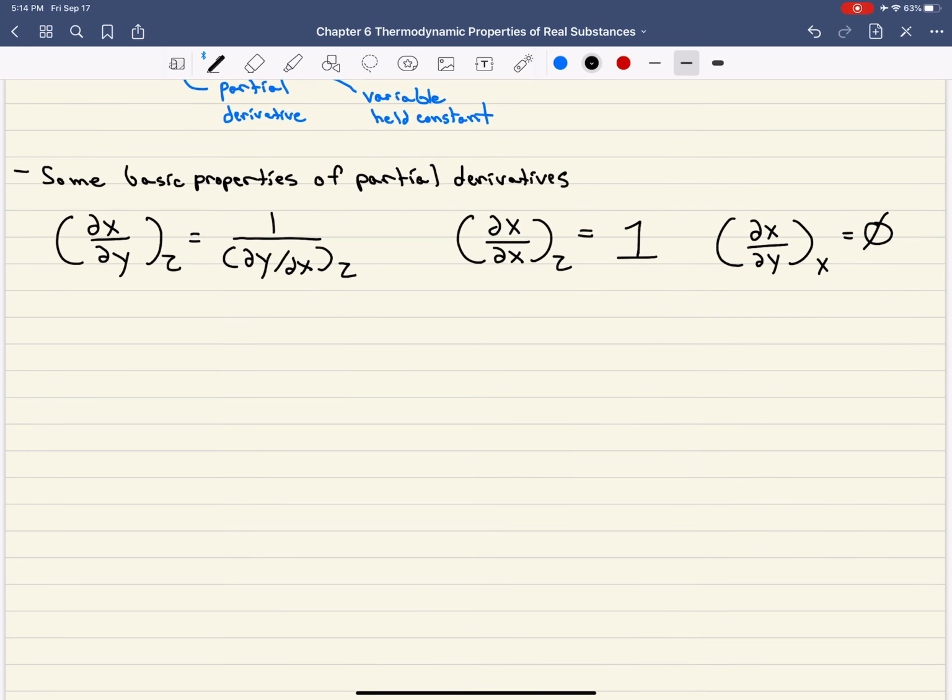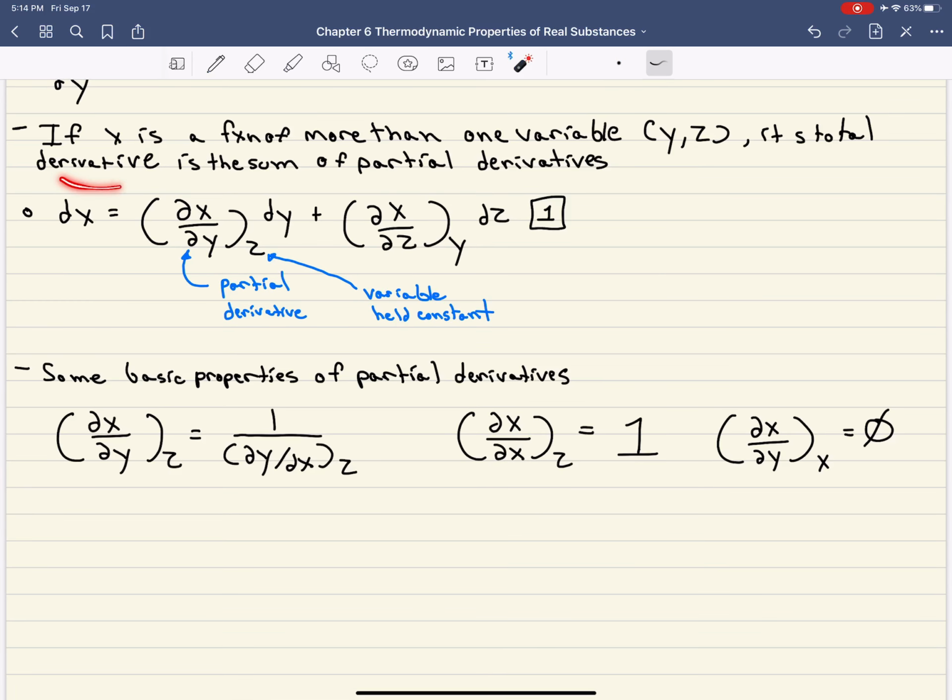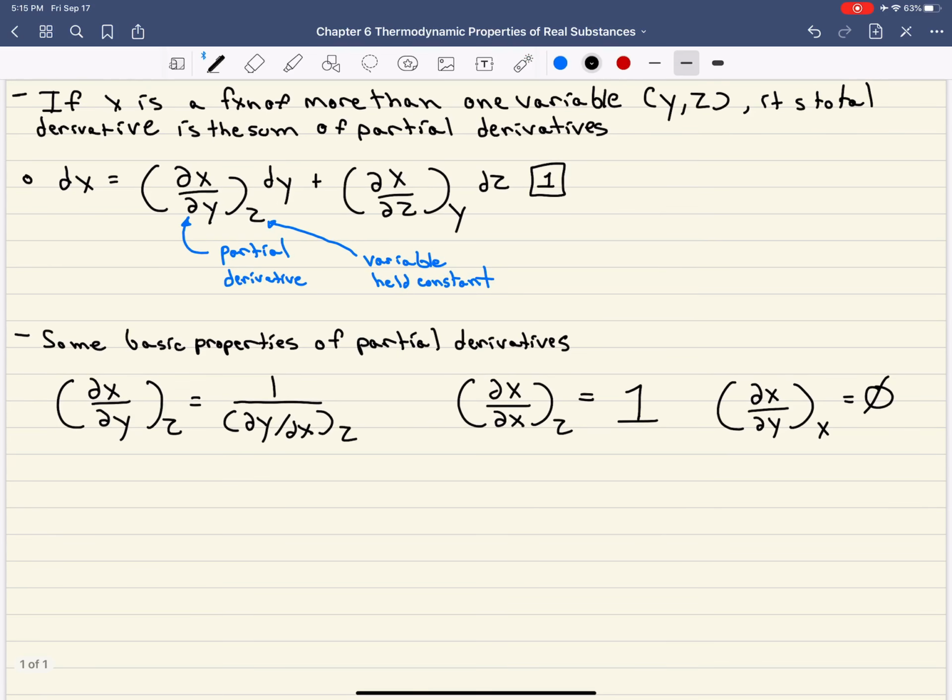Okay? So for example, if we go back to equation 1 here, let's take the derivative of it with respect to y while holding x constant. Okay?